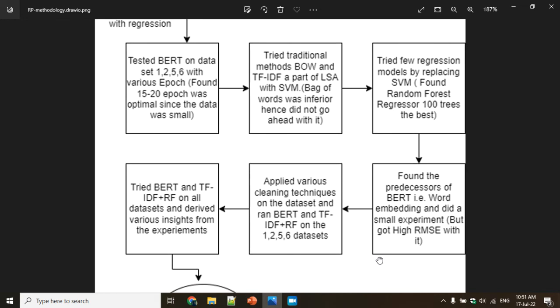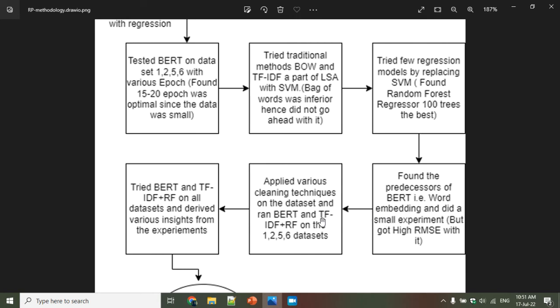Now there was a predecessor of BERT, word embeddings, which used the cloud data set. We trained it, but it gave a high RMSE compared to the BERT regression and TF-IDF plus random forest regressor. So we only compared the two.